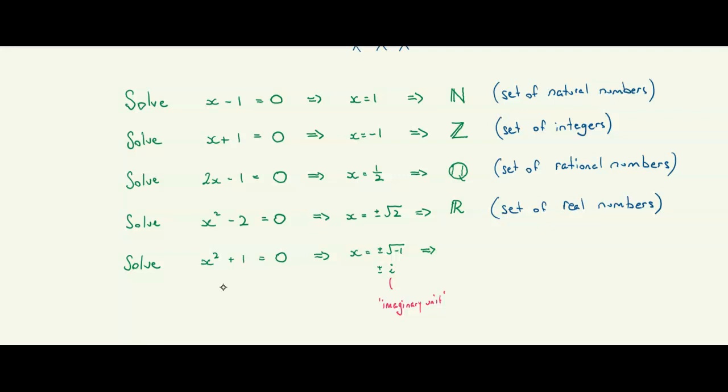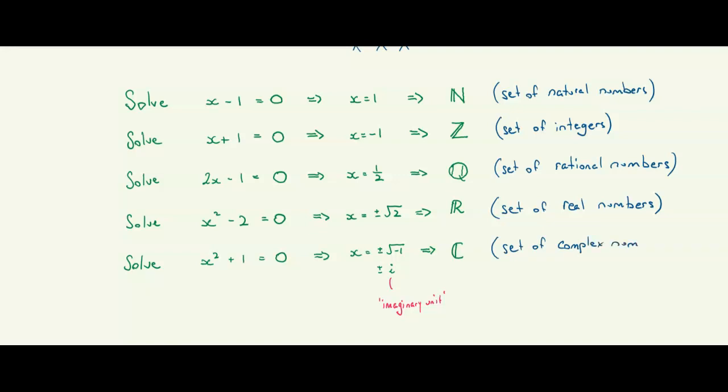So this number i is equal to the square root of -1. That means that we are now going to entertain a solution to such problems as x squared plus 1 equals 0. We're not going to dismiss it, because we now have a set of complex numbers that we have to work with. Right, so the set of complex numbers.